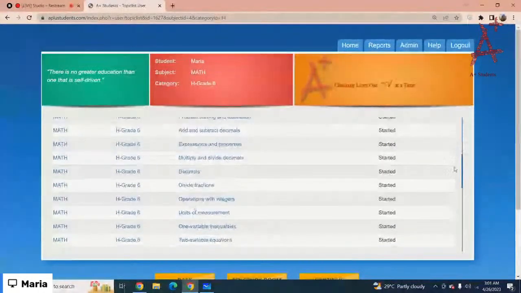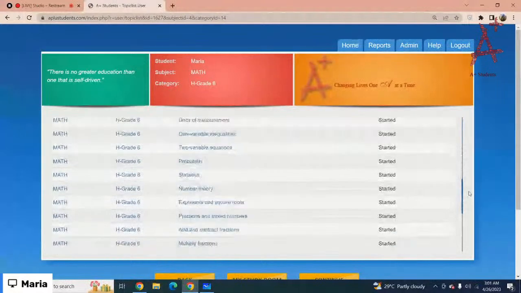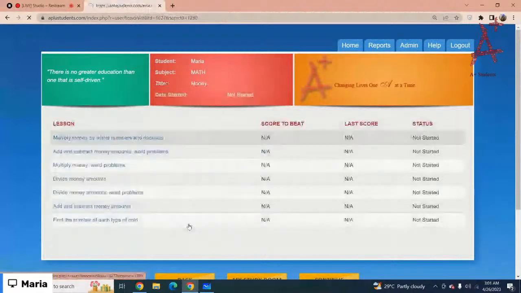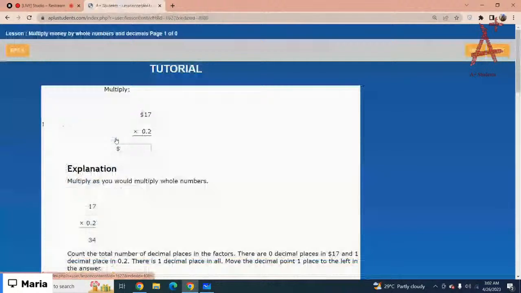The next lesson is money. We're going to start with a new chapter that is money. So let's just start with a new chapter, and the very first lesson that is multiply money by whole numbers and decimals. Okay, so you have to multiply 17 times 0.2.